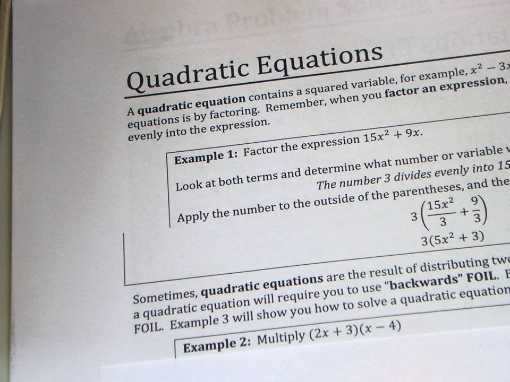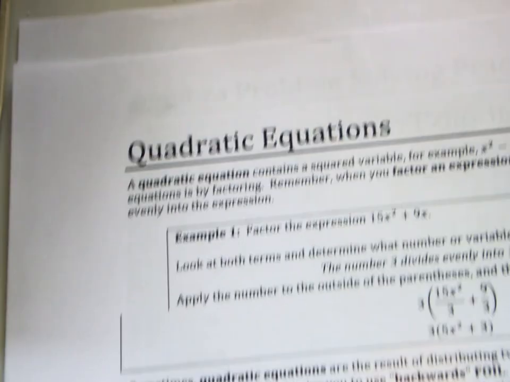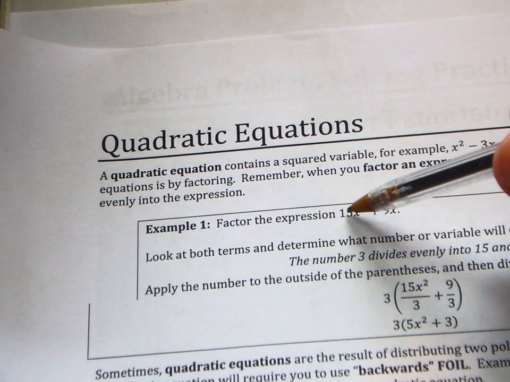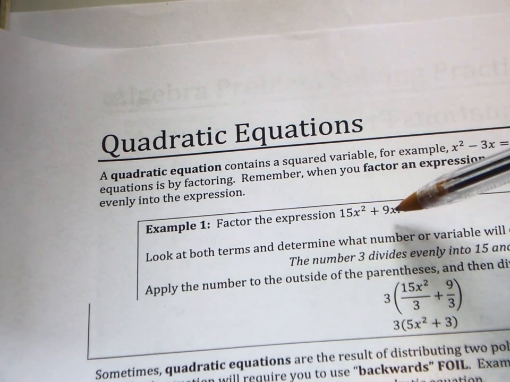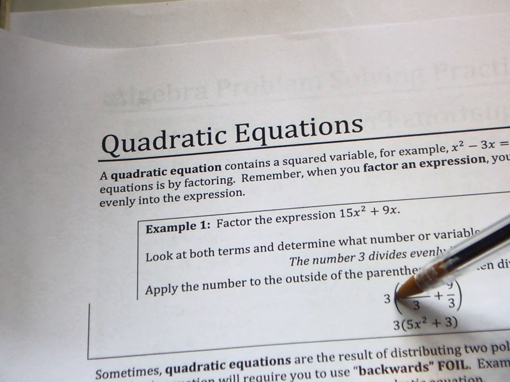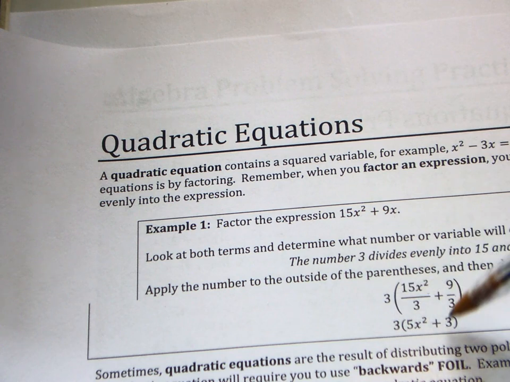times x minus 4. You can always read through this, but be careful. Sometimes they make a mistake. They made a mistake on this first one because they had 15x squared plus 9x, and they took out a 3 because 3 goes into both 15 and 9, but they should have also taken out an x. They didn't, and they forgot there was an x here. So this is the wrong answer.